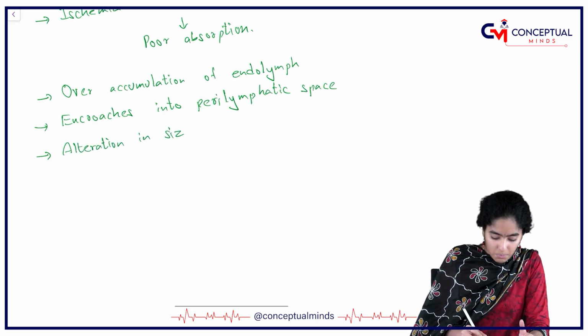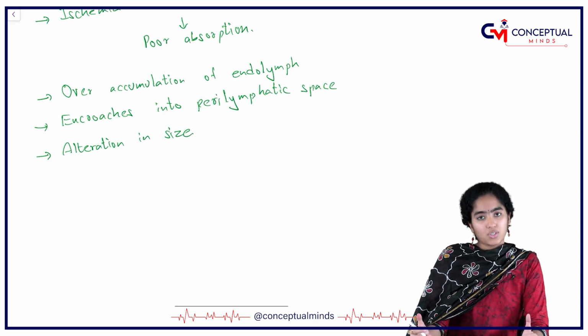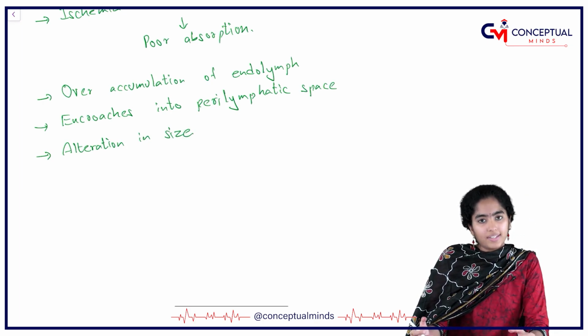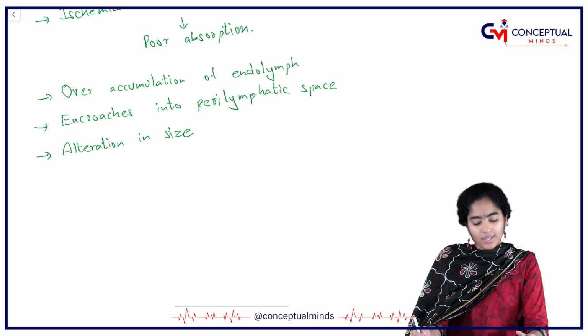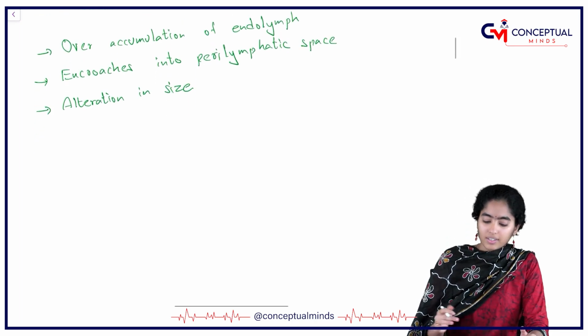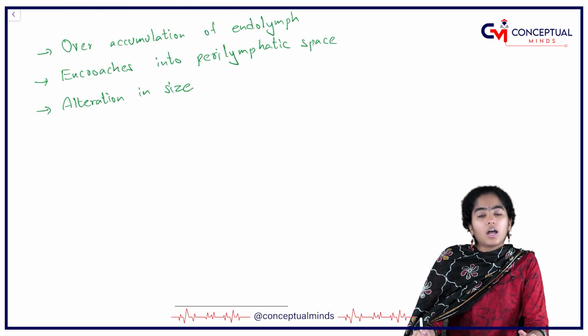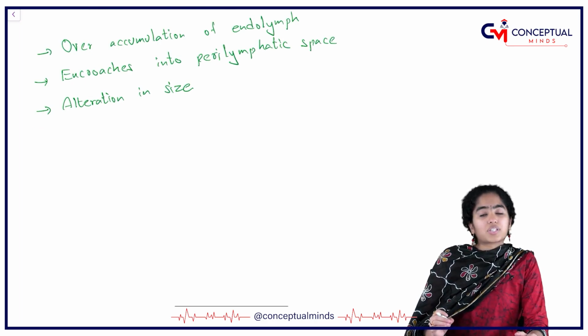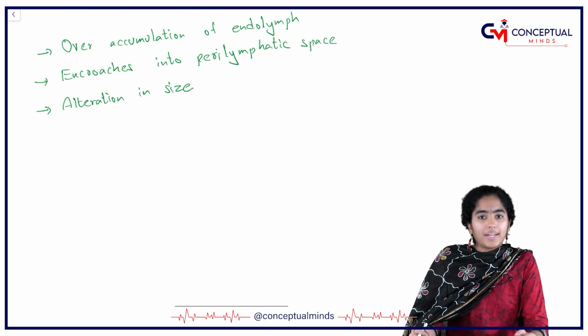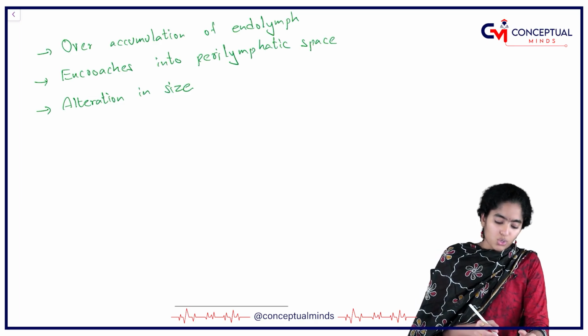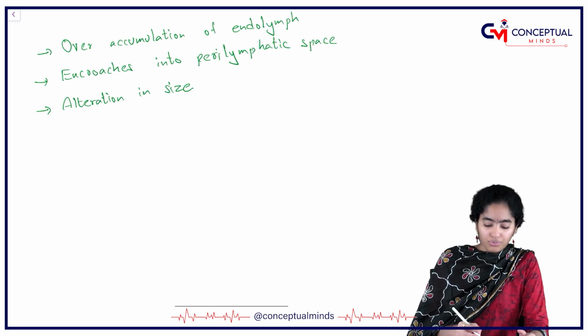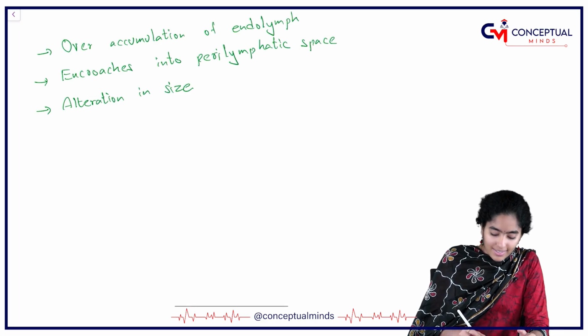Endolymph is expanding, and the other structures where perilymph is present are becoming smaller and smaller, as you can see in the picture here. The endolymph is pushing the Reissner's membrane above and above.